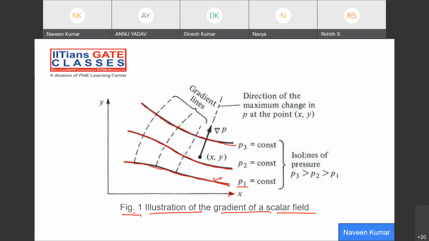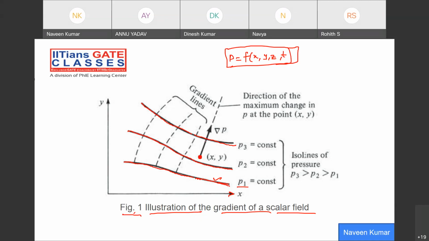Now you will take a random point P. You know how pressure varies with x, y, z, and time. Pressure is a function of x, y, z, t because it is a scalar field, a pressure field. So it is going to vary as you change from one location to another.